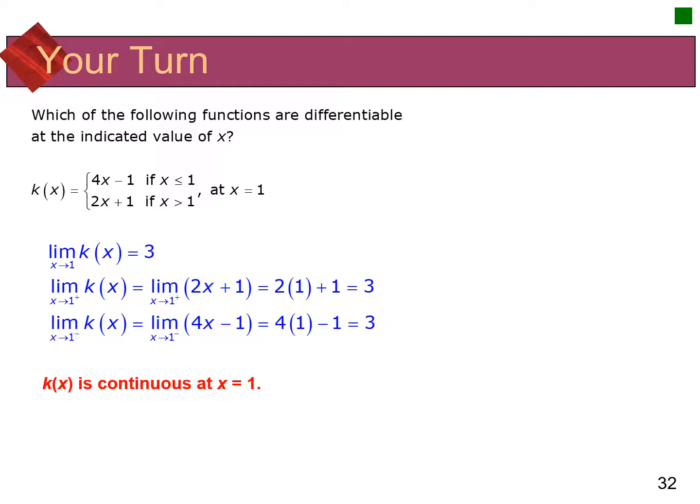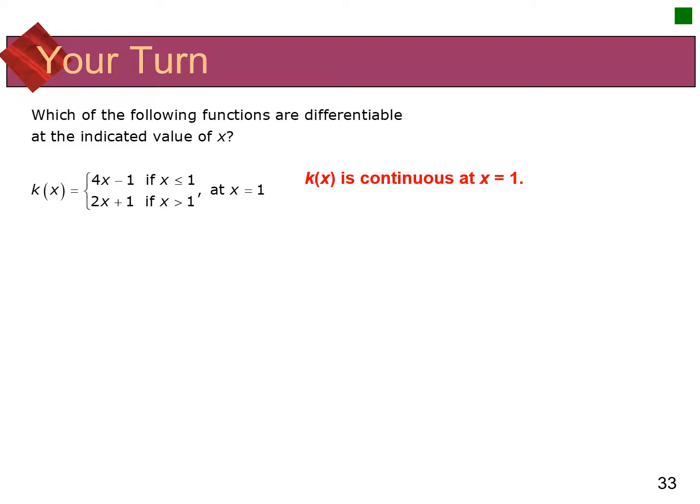It's continuous everywhere, except that when you get to the corner point, it's not differentiable there. It's differentiable anywhere else. So we've proven that k of x is continuous at 1. As I said before, there's a potential break at x equals 1, and now I've taken care of that and said it's not a break.